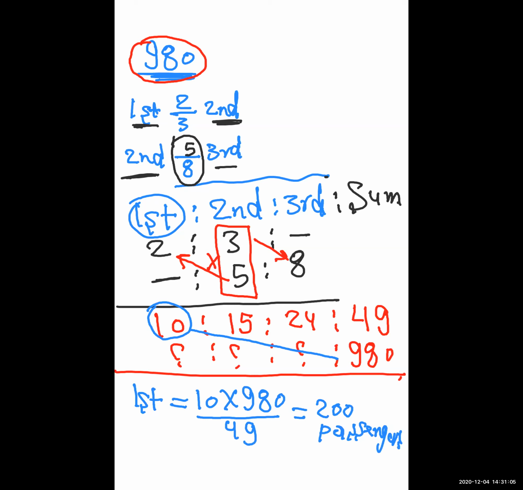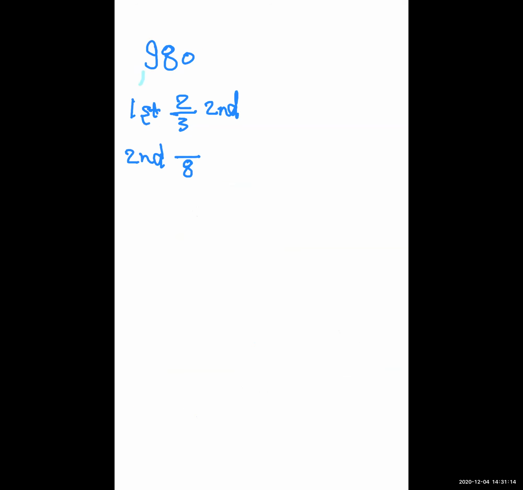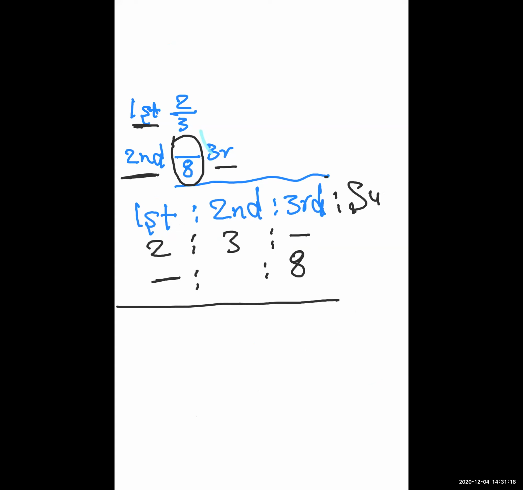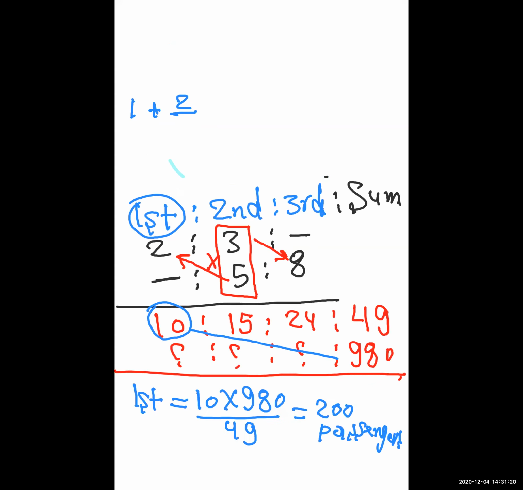Okay, let's continue. We want to get the number of passengers in the second class and the third class. So I will clear this space on the board, just one second, so that we can write down the remaining answer. Then the next step, I'm going to get the second class passengers.